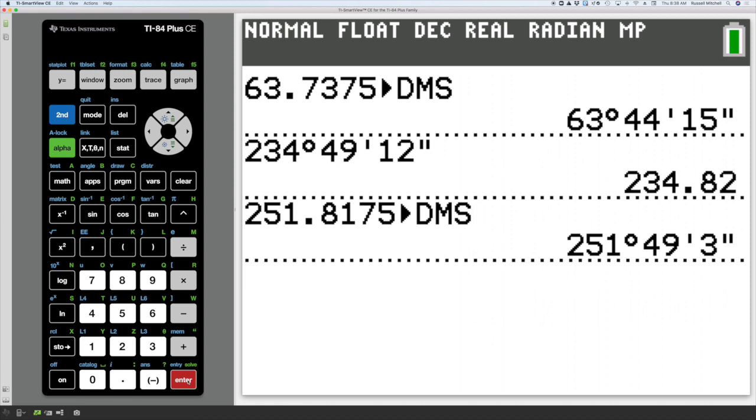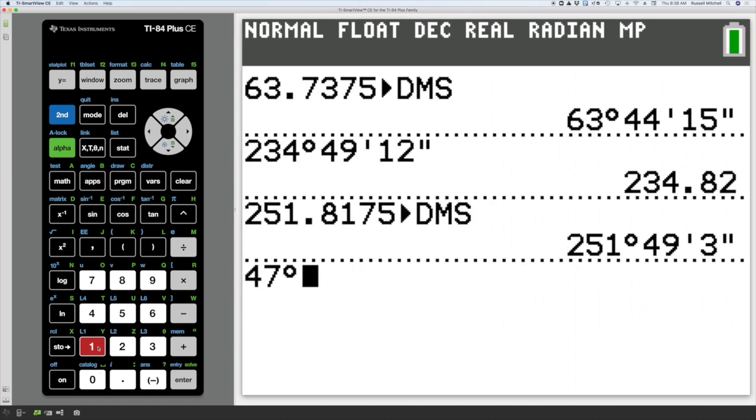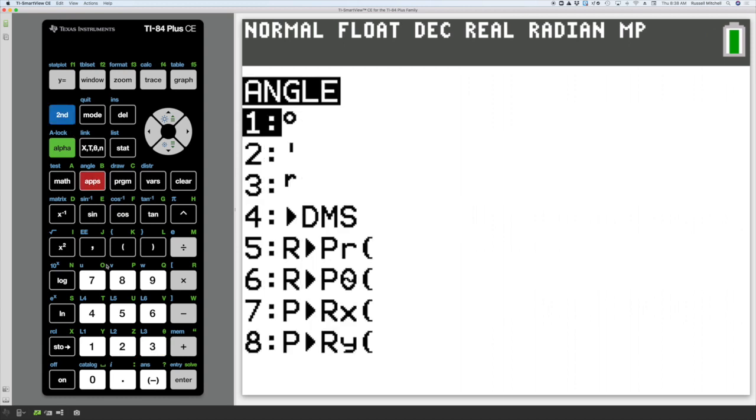Okay, and then we want to convert the next one, example 2. We want to convert 47 degrees, 32 minutes, 42 seconds to degree decimals. So we're going to type in 47 and then second, angle to get the degree symbol, which is number 1. Then we type in 32, and again press second, angle to get the minutes, which is number 2.